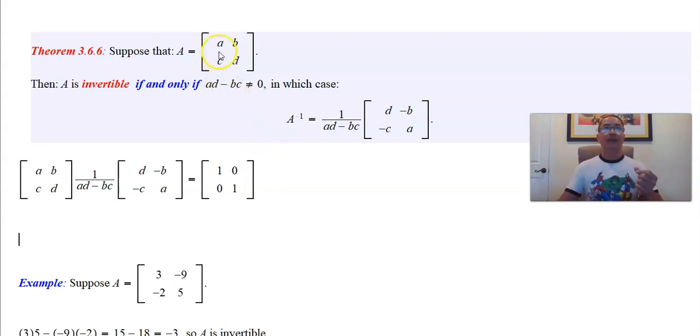So if AD minus BC is 0, well, think of this as u1v2 minus u2v1. So the u's are A and B, and the v's are C and D. Ooh, so the first row is parallel to the second row.